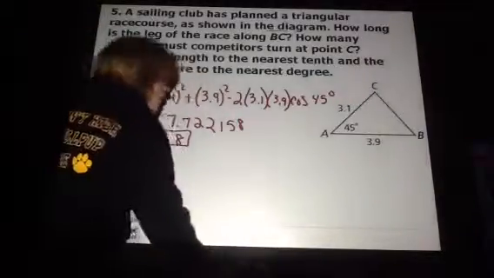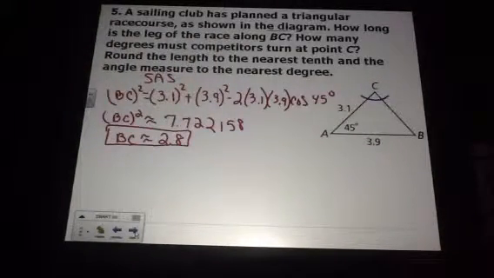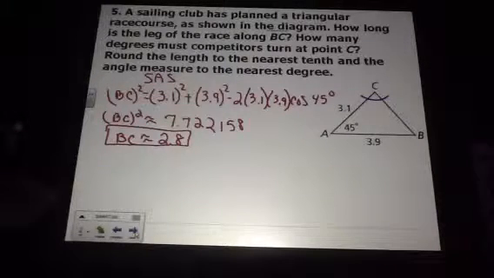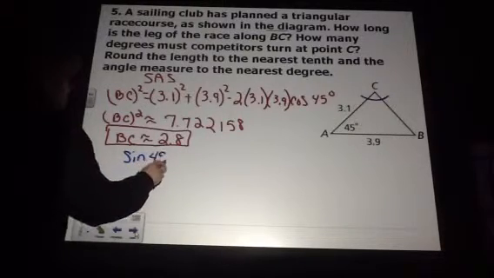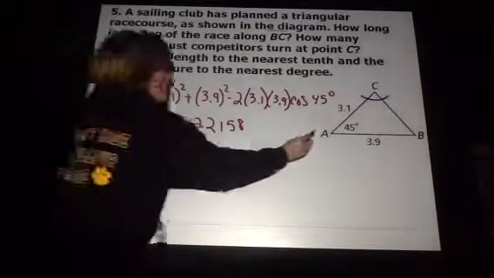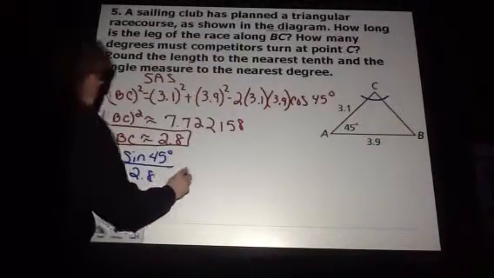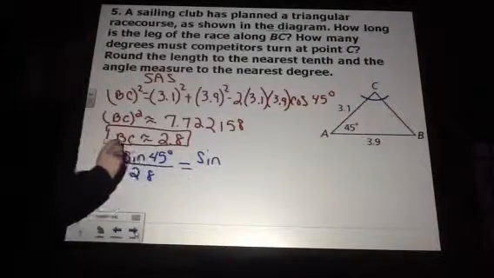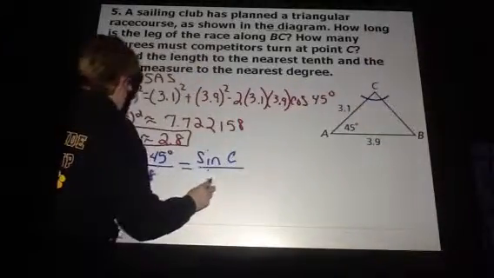All right, now we need to find this angle measure. I think what I'm going to do is use the law of sines, because I can take the sine of angle A, which is 45 degrees, over the measurement opposite it, CB, which is 2.8, and put it equal to the sine of C over what's opposite C, 3.9.